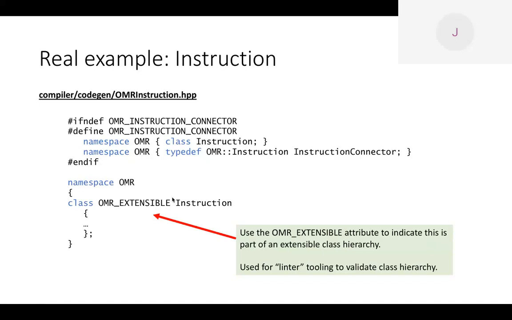The only reason it exists is that we have some tooling as part of our build that checks that these class hierarchies are formed properly, and that certain rules about forming these classes are being followed. It's fairly useful to detect certain kinds of errors. We'll see those in a little bit. Things will still work if you don't use this, but it's very highly recommended that you do.